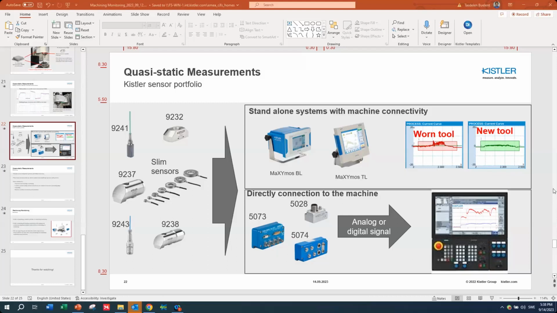Great. I got another great question here. How do you compensate for thermal drift when embedding your sensors into the machine? It's always the problem, right? Thermals. Exactly.